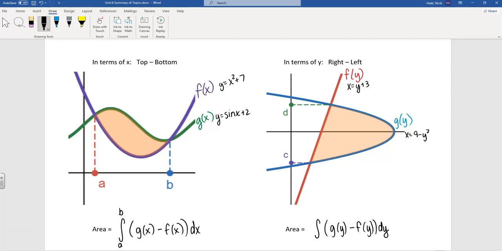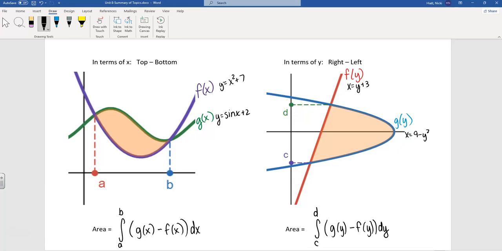I'm just making things up. Those aren't the right equations. But you got y equals equations here if you're doing it in terms of x. You got x equals equations if you're doing it in terms of y. And that'll be true throughout. The limits here must come from the y-axis, so it's your lowest point C to your highest point D.